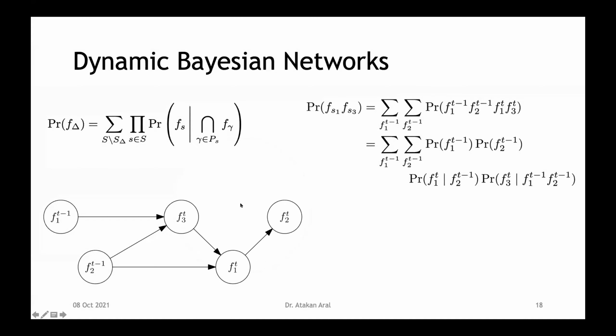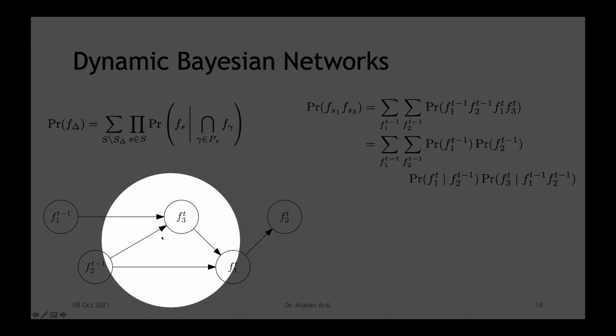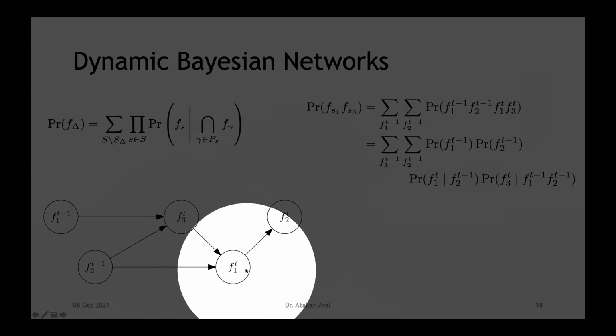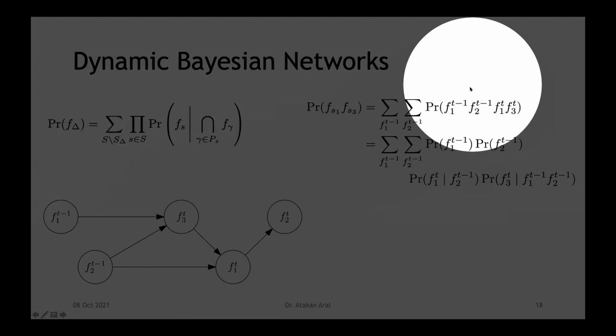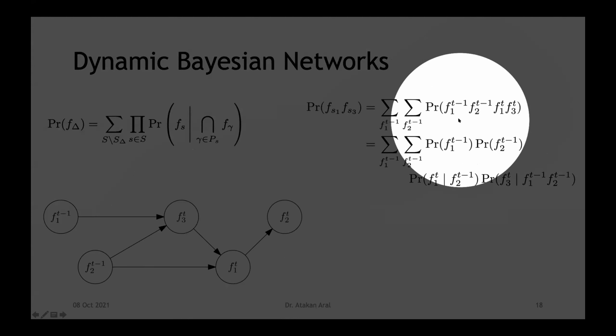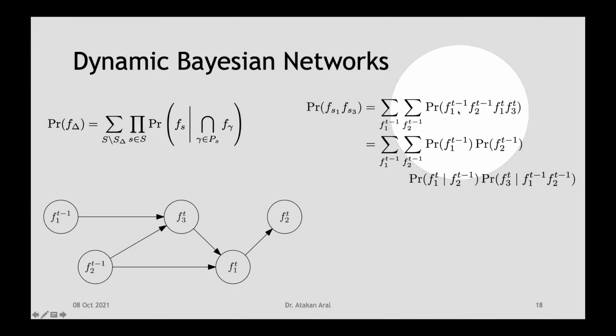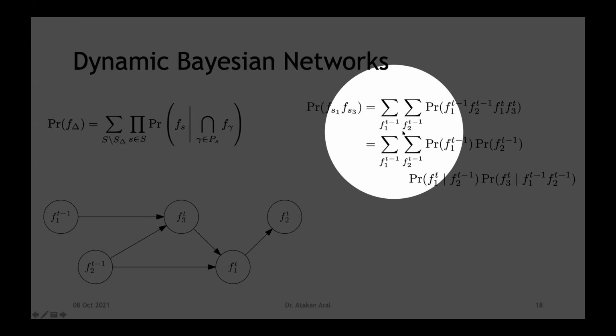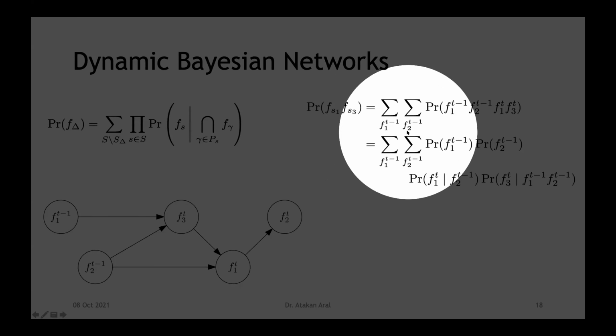Oh, sorry, I showed the wrong nodes. The nodes we are interested in are F3 and F1, not F2. So we are interested in these two. So in our probability, we have these two plus their parents. The first benefit is, as I said before, we don't have to compute about this node anymore. The other benefit is we can simply sum the values that we are not interested in, the T minus 1s.